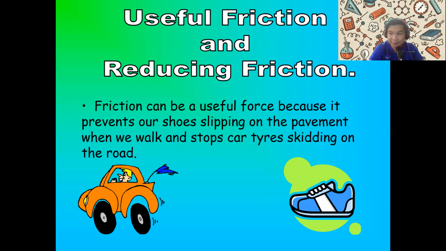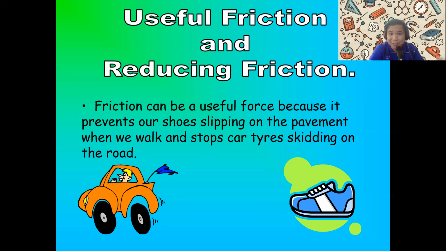Another example is when you walk. In order for you to be able to walk, your feet must be able to stick to the ground. And how does that happen? You use friction between your feet and the surface of the ground. If there is no friction, all of us will always be slipping.